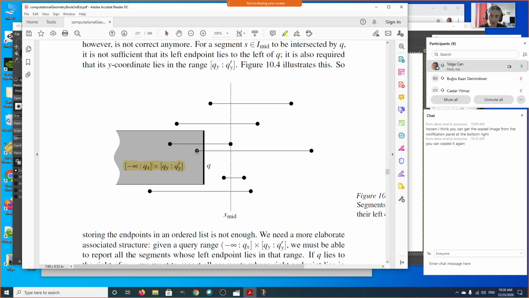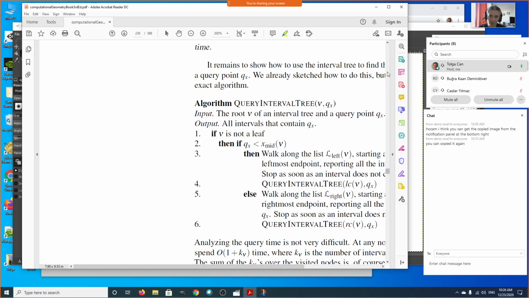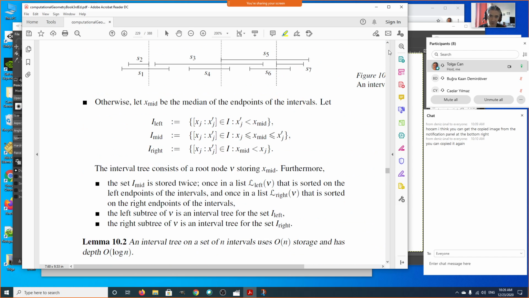Just for the left endpoints, use a 2D range query, build a 2D range tree on them, and perform this 2D range query in log n time with the help of fractional cascading. So that actually solves the original horizontal-vertical line simplified problem. The 2D version problem can be solved by replacing the associated structures of L left and L right. So here is the solution. Sorry, let me get back to the selection.